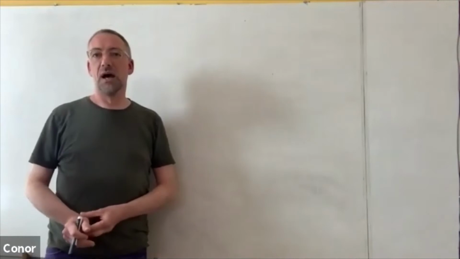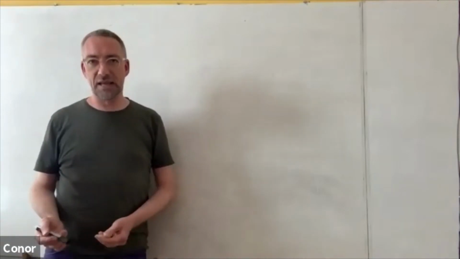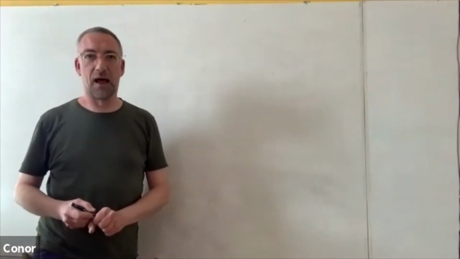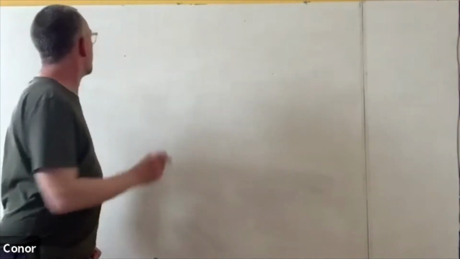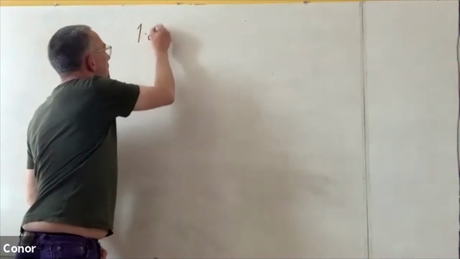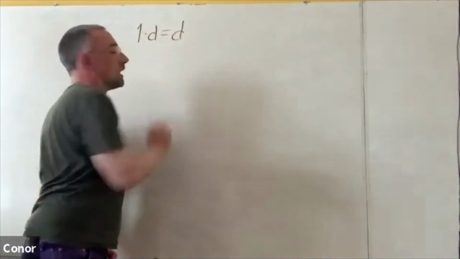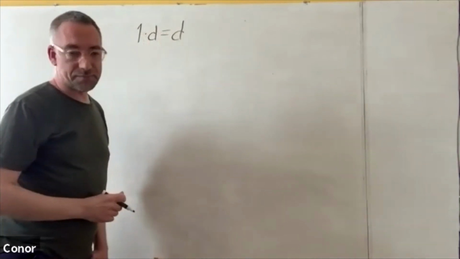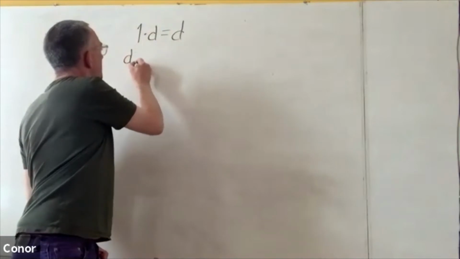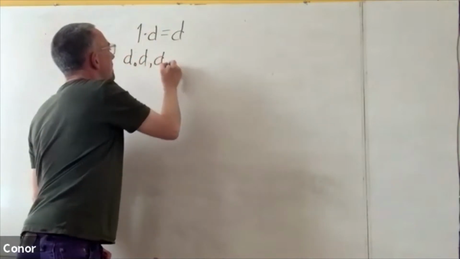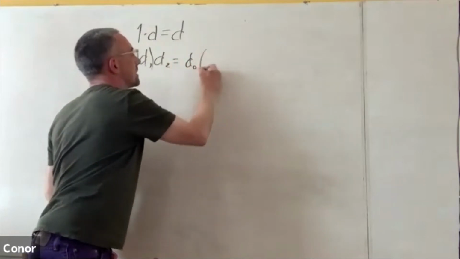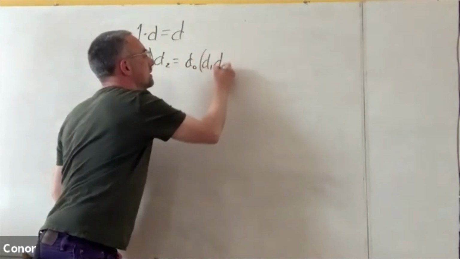There are dimensionless things, and we multiply them. So we expect that multiplying by 1 is going to be the identity, and we're expecting that the grouping of multiplication doesn't matter.